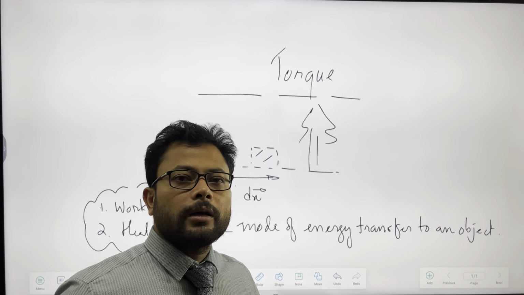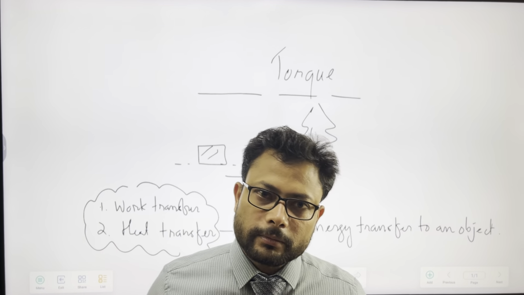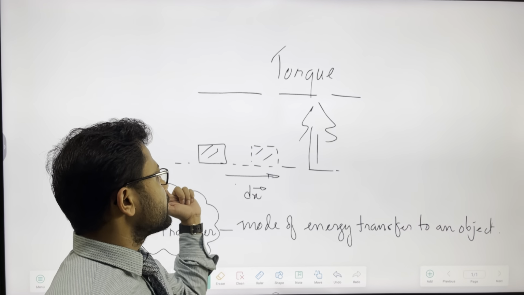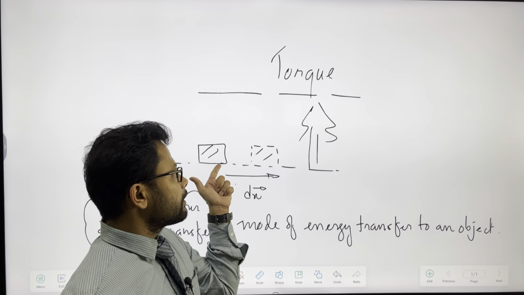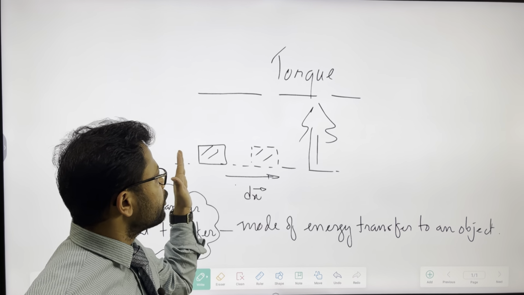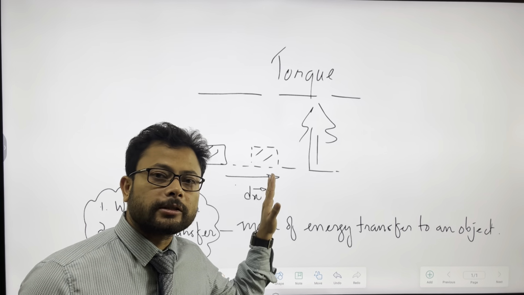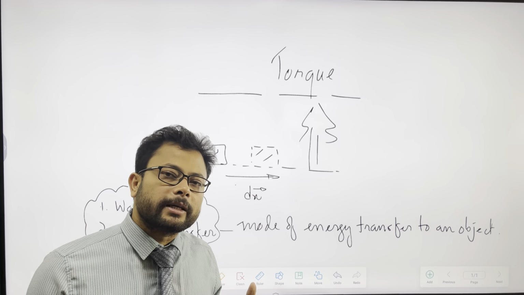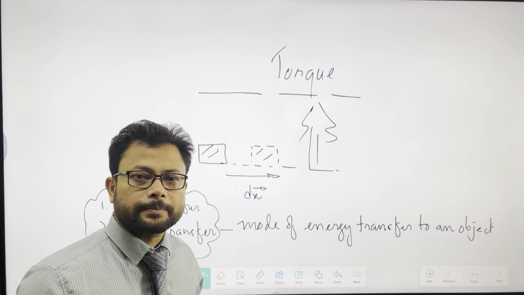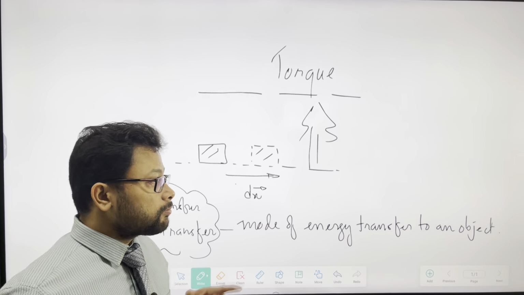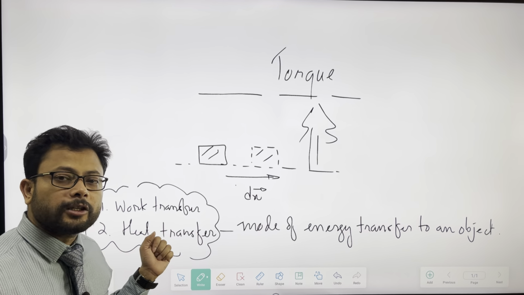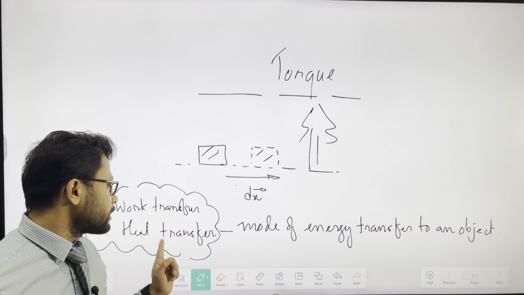So as we started with this question, how can we move this object from this position to that position, the basic answer, from our day-to-day life experience, is transfer of energy to this body. From this we have come to know that this can be done either by work transfer or heat transfer.